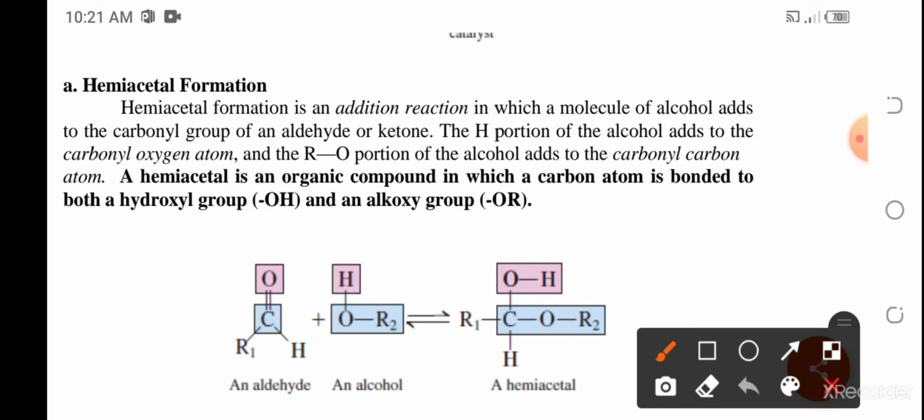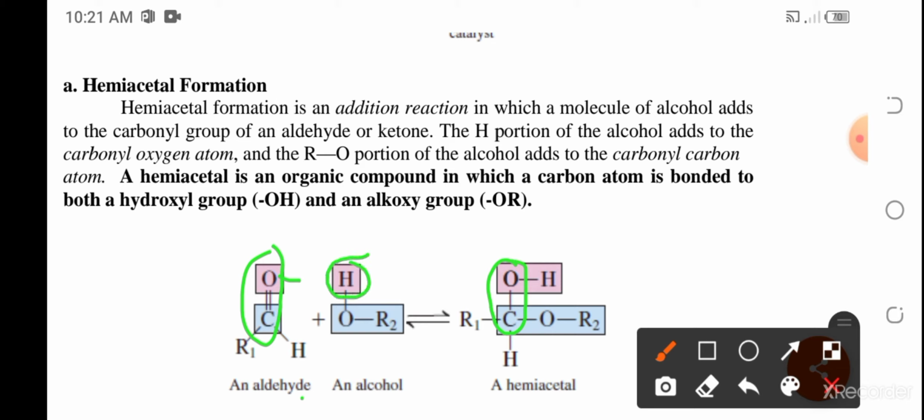The mechanism here for the hemiacetal formation, a reaction between aldehyde and an alcohol. So, ang mechanism is just an addition reaction. So, first, the double bond in the carbonyl will be broken. So, free bond for oxygen and carbon atom is made.